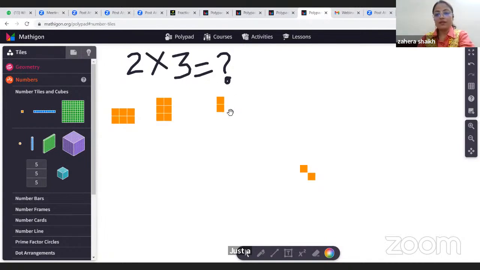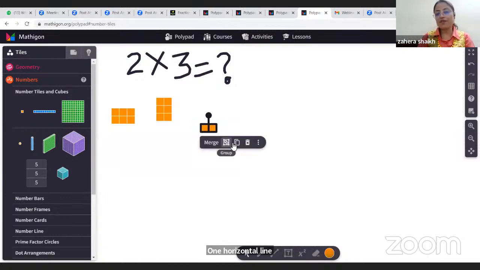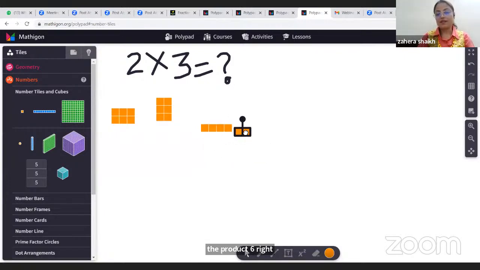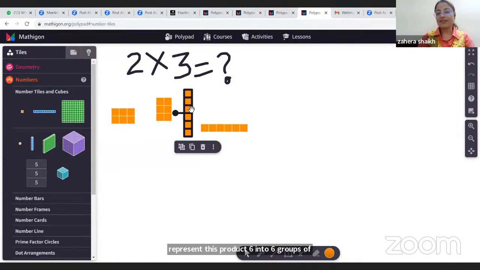I can make one horizontal line of 6 units as well, which gives me the product 6, right? This is my one group of 6, or you can say I can represent this product 6 as 6 groups of 1.